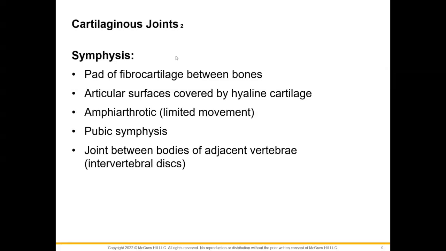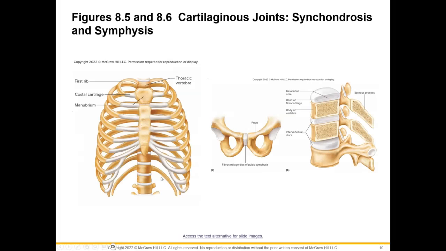It's a joint between bodies of adjacent vertebrae also. These we call the intervertebral discs. Each area between your vertebrae is fibrocartilage, and they help join those two vertebrae together. This is, again, a cartilaginous joint, specifically a symphysis.